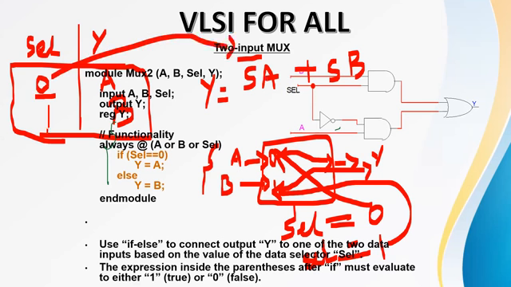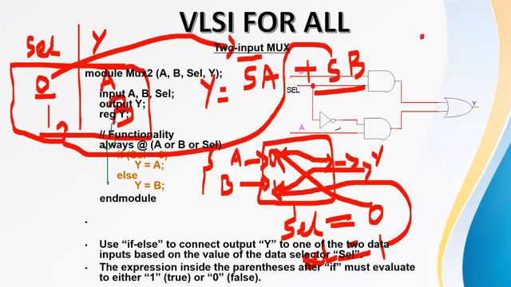Coming to the second one, SB, this S is 1, so we are not complementing it. Since we are writing in SOP form, we consider 0 as complemented and 1 as uncomplemented. That is why for 0 we consider S bar, and for 1 we consider S. So this is the formula for mux.